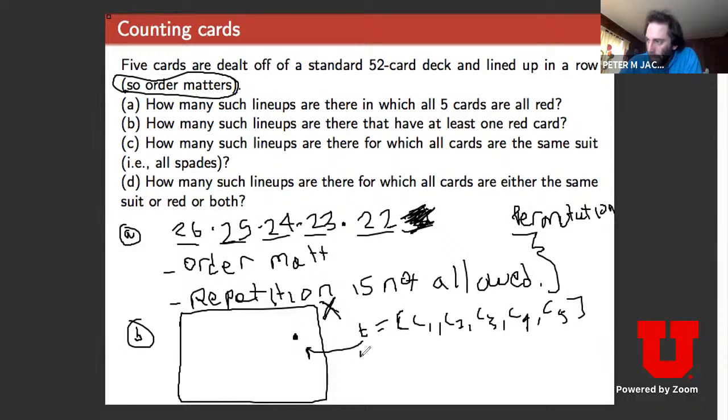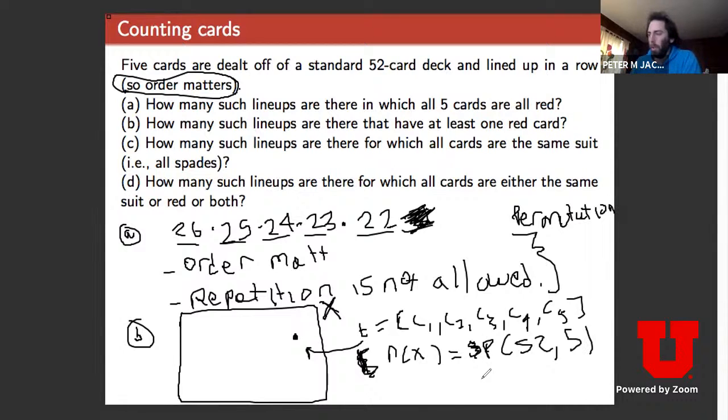So in total, the size of X, or the cardinality, or I think you guys use N, N of X is equal to 52, or actually, I remember now you guys use this notation, P(52, 5). There are this many elements in X, where X consists of all of the ways to choose 5 cards from this deck.